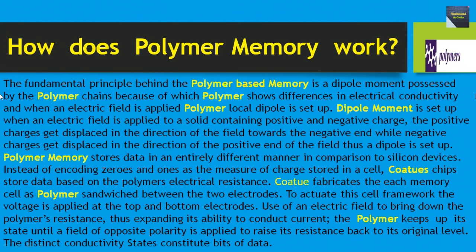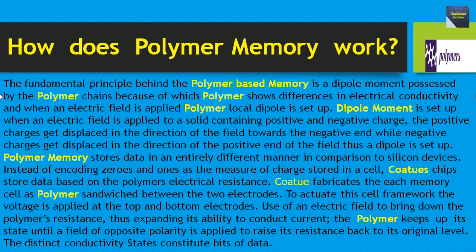Now I talk about how polymer memory works. The fundamental principle behind polymer based memory is a dipole moment possessed by the polymer chains, because of which the polymer shows differences in electrical conductivity, and when an electric field is applied, a polymer local dipole is set up.